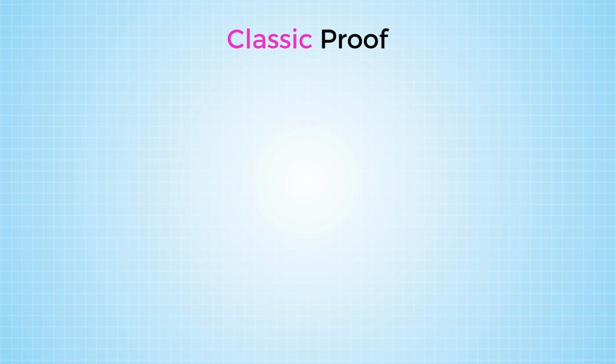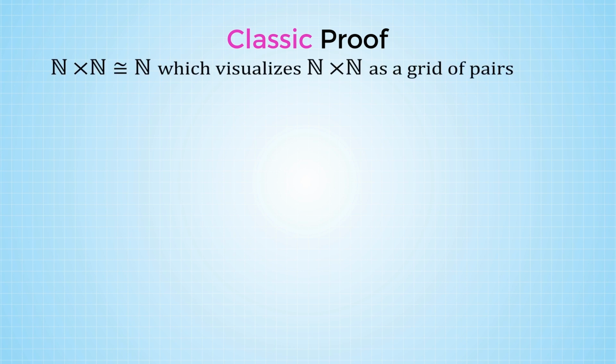But here's another classic proof that N cross N is equanumerous to N, which visualizes N cross N as a grid of pairs and then counts along the diagonals.